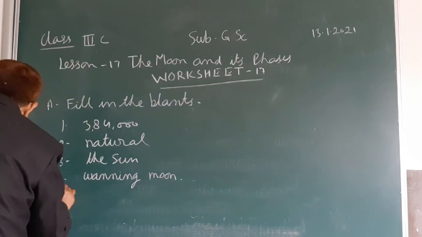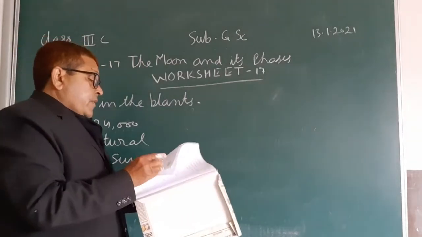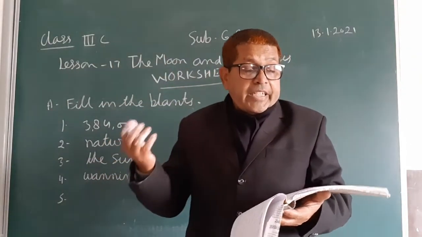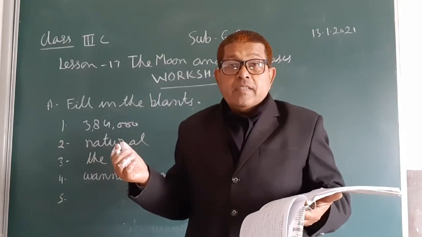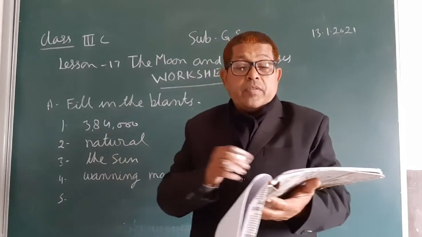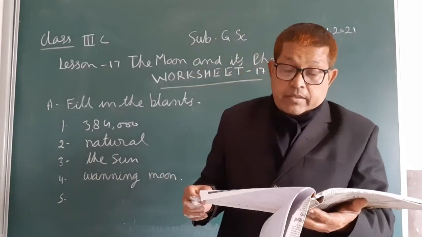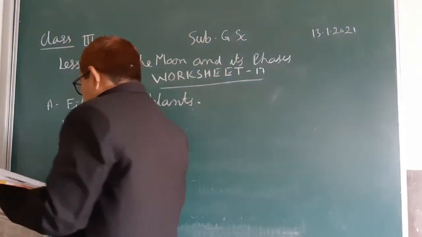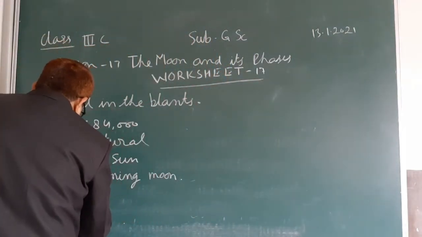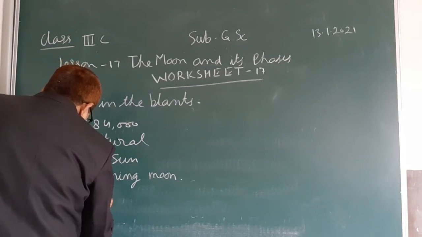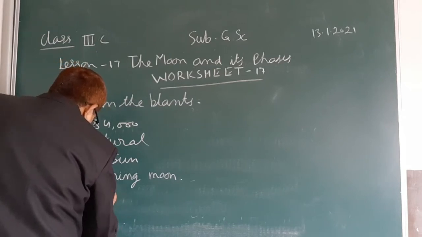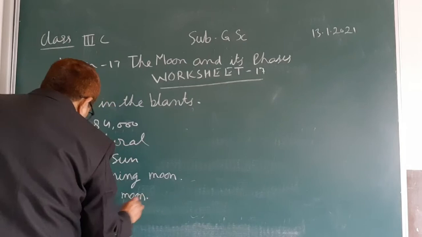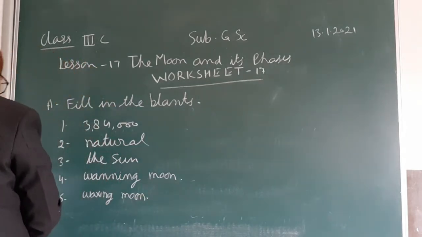And fifth, increasing of the lighted part of the moon is called waxing moon.